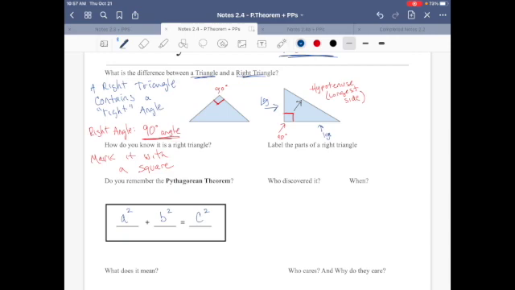So A squared plus B squared equals C squared. The leg would be A, this would be B, and the hypotenuse would be C, right? And it was discovered by Pythagoras in ancient Greece.